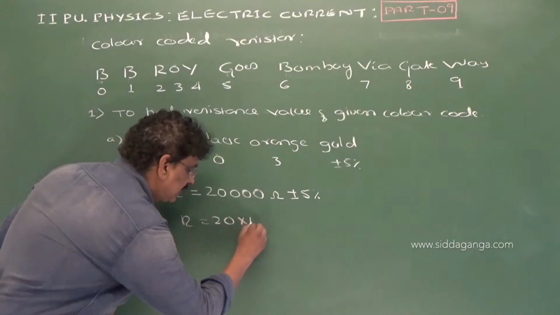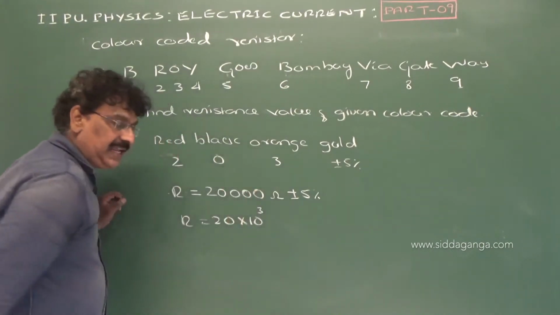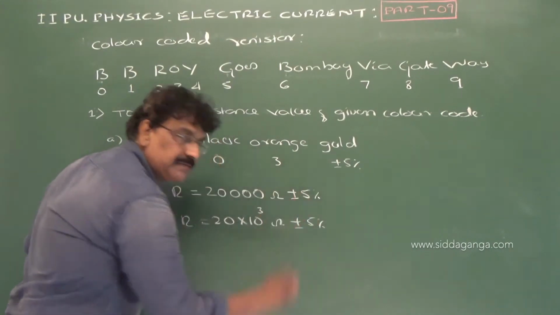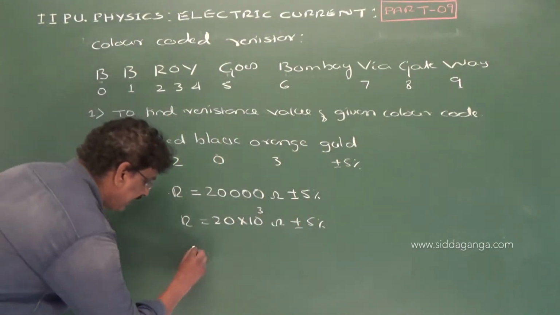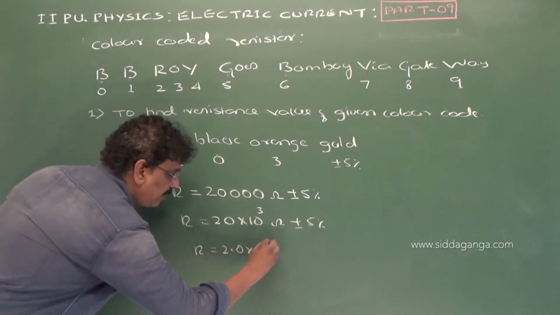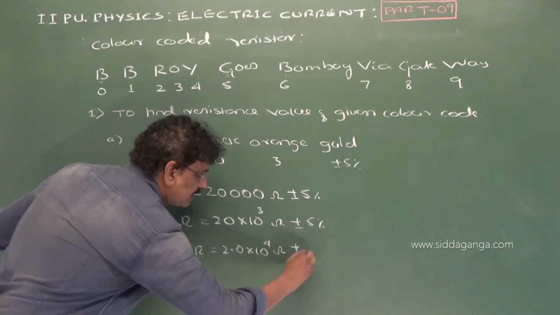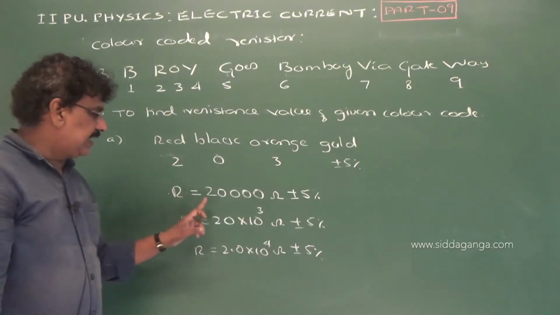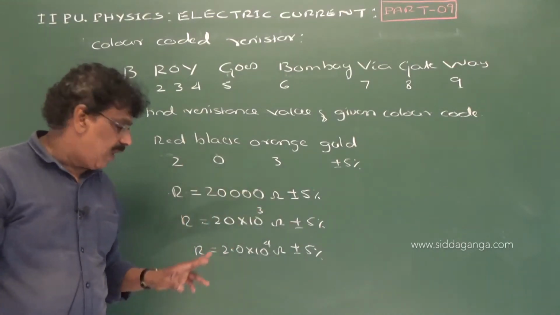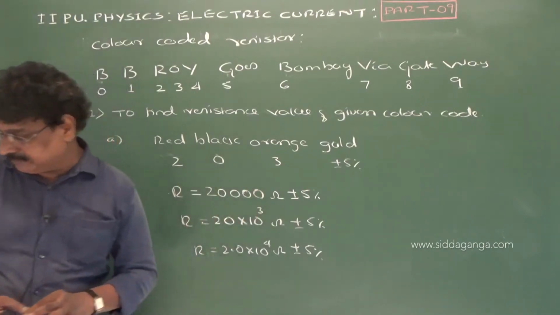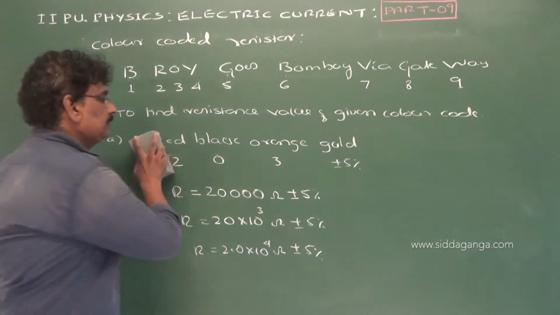That into 10 power 3 ohm plus or minus 5%. Or finally we can write R is equal to 2.0 into 10 power 4 ohm plus or minus 5%, right? So either you can write in the form of zeros or you can write in the form of appropriate power of 10. Now we will take up another example.